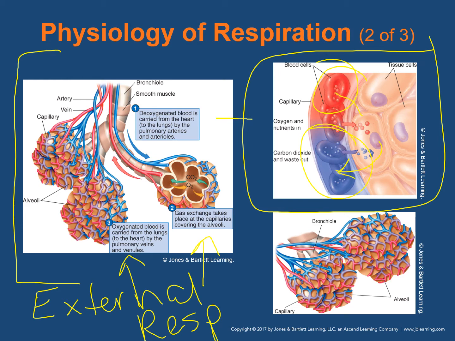There's more oxygen on the red blood cell here, and this is internal respiration, showing the oxygen going into the cells and the carbon dioxide going out of the cells. So at the alveolar level, we have external respiration, and at the cellular level, we have internal respiration.